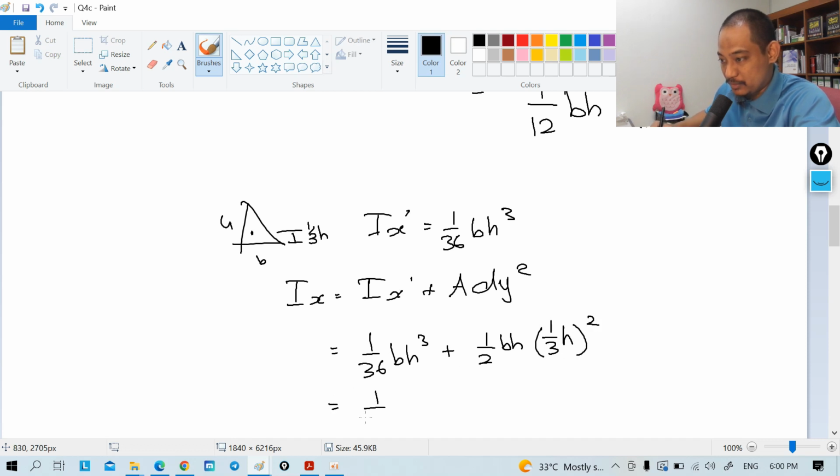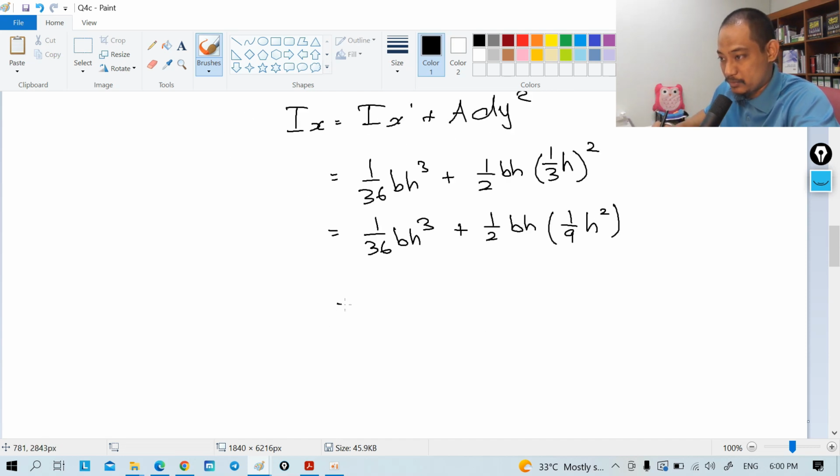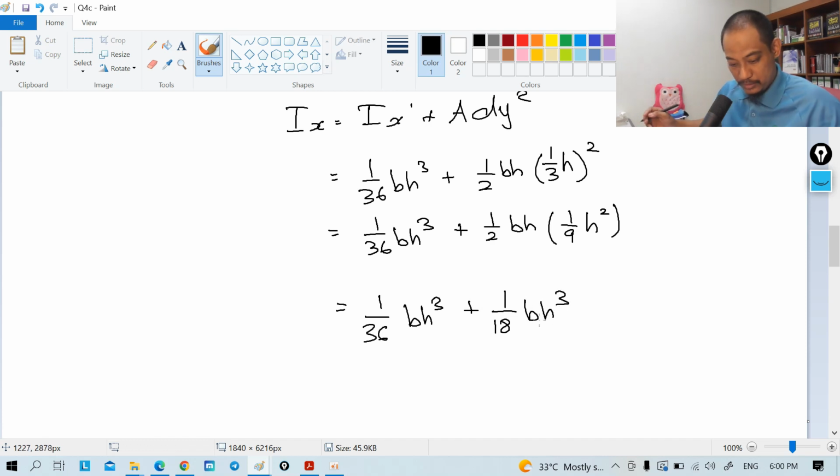So you get 1 over 36 b h cubed plus 1 over 2 b h times 1 over 9 h squared. So it becomes 1 over 36 b h cubed plus 1 over 18 b h cubed, and 1 over 36 plus 1 over 18 becomes 1 over 12 b h cubed.